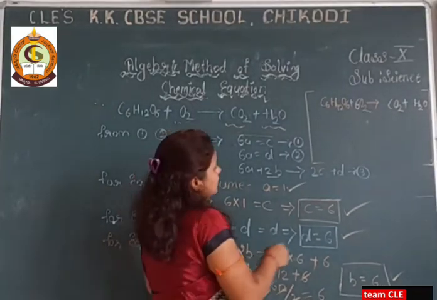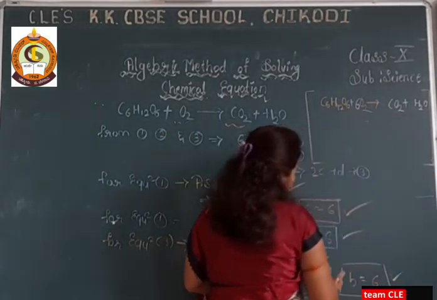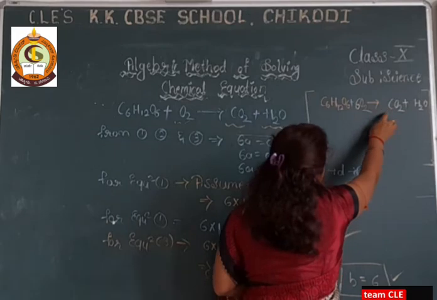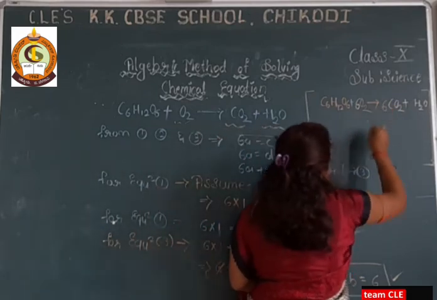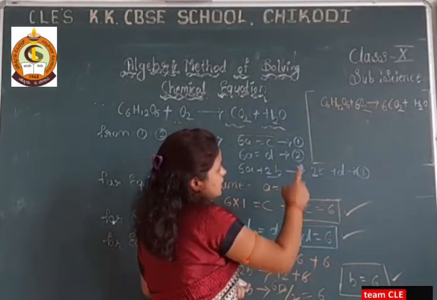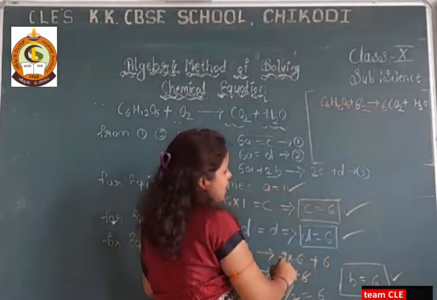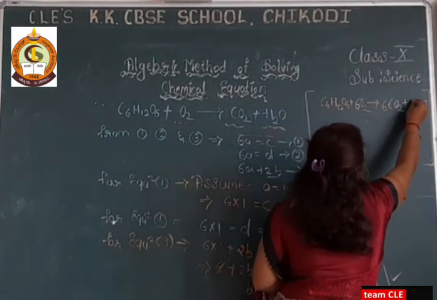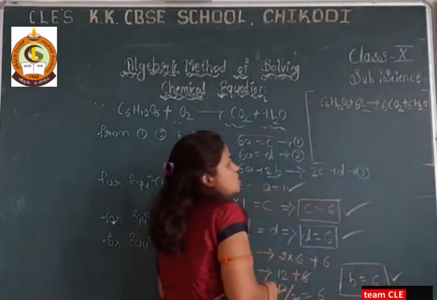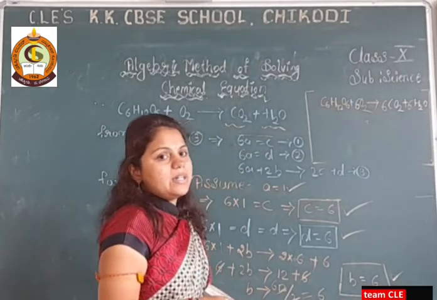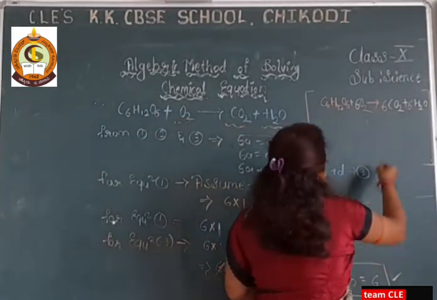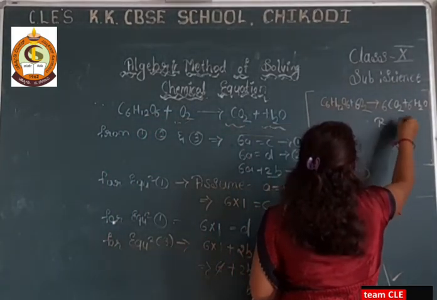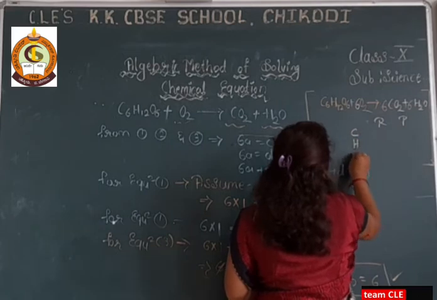So you have to write here 6O2. Then in the product part, what is the C value? The C value is 6. So just write 6 for C and go for the next, that is the D part. What is the D here? It is also 6. Now just check whether all the elements are balanced or not. Here this is reactant, this is product: carbon, hydrogen, oxygen.